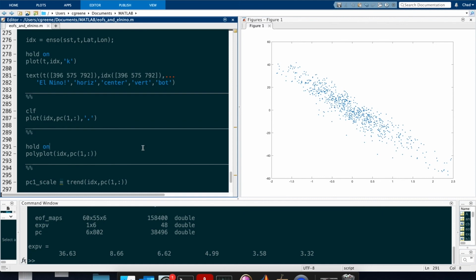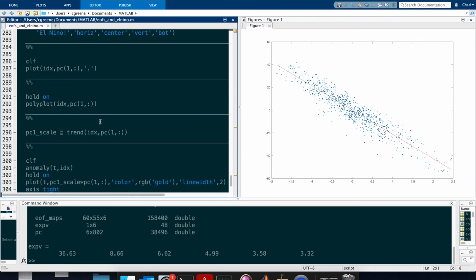Using the CDT function polyplot, you can plot this polynomial and fit a line through it. And to plot the two time series together, I'm going to scale the principal component time series by the slope of this line, which is the trend.